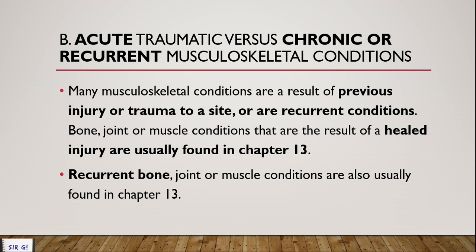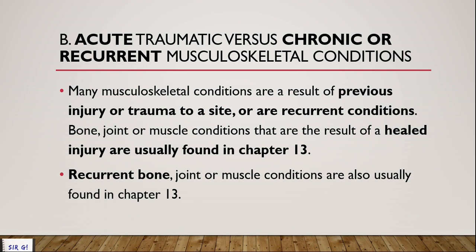In this guideline, we're talking about acute traumatic. Obviously, we're talking about traumatic versus chronic or recurrent. That is your pathologic. Okay? Now, when you say acute traumatic, like this is your vehicular accidents, fall in the bed or fall in the stairs like that, and the patient suffered injury or traumatic fractures.